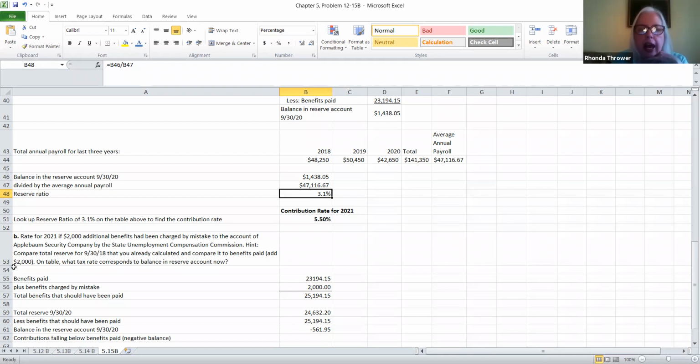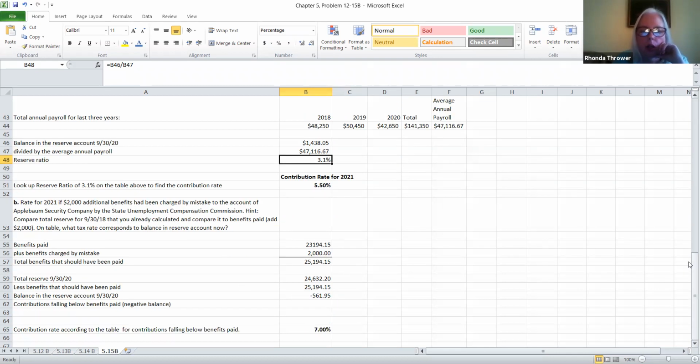They're telling you to add that mistake back to the benefits that were originally paid to get the total benefits that would have been paid if they had that mistake in there. So you add this and this together to get the total benefits that should have been paid.